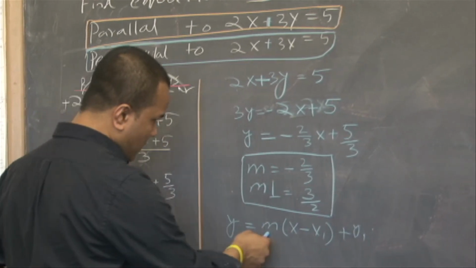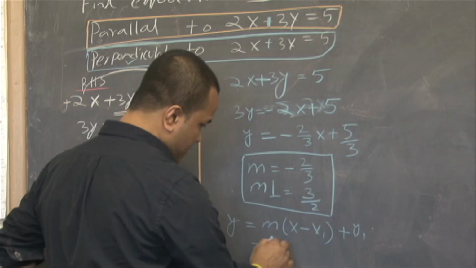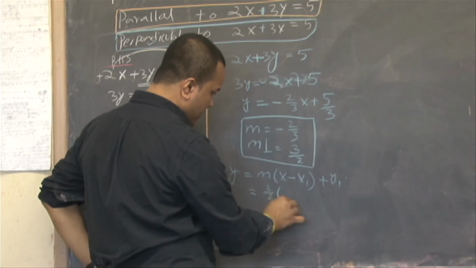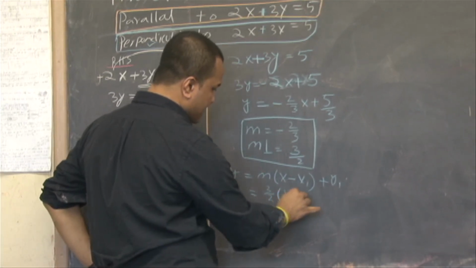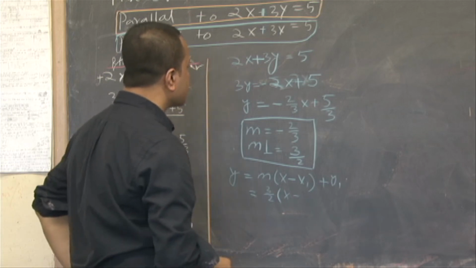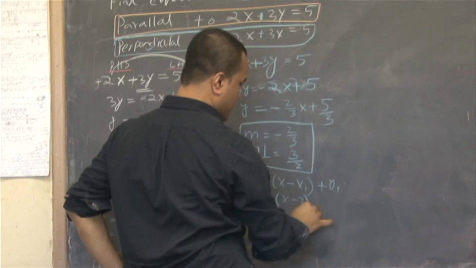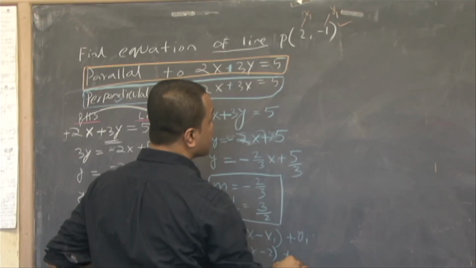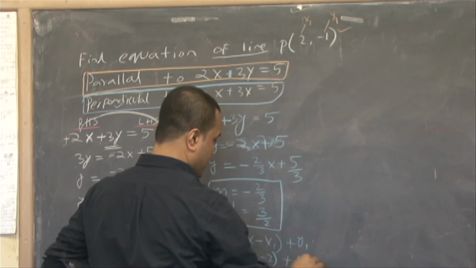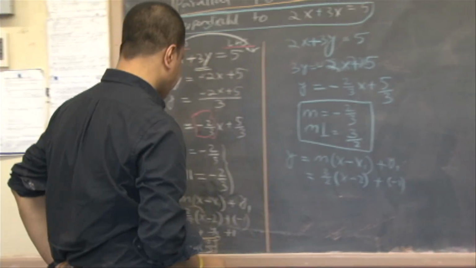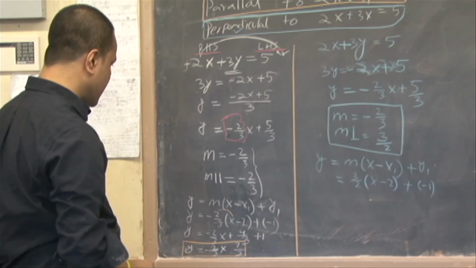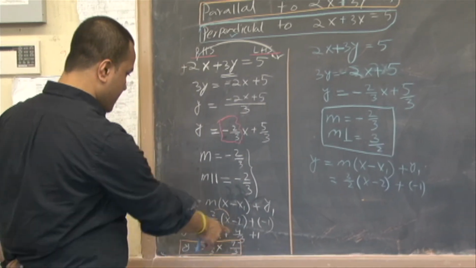So the slope is 3 over 2, and x minus x1, here x1 is 2, plus y1 is minus 1. All right. Now here I made a mistake.